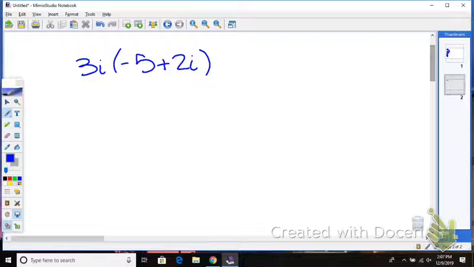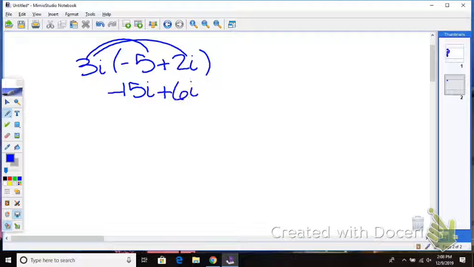So we're going to just distribute our 3i in and multiply just like this was a 3x and this is a 2x. So when I multiply 3i in here, I get a negative 15i plus what? 6i squared. Okay? Make sure you have the multiplication right. Everybody good with that? Just distribute it.